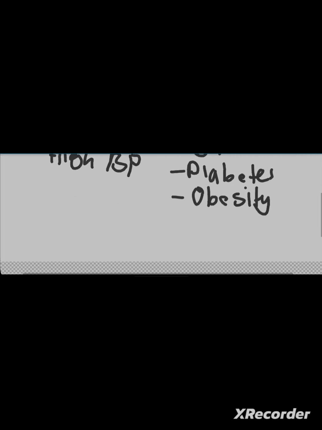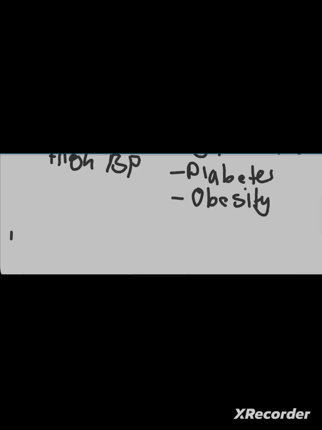Number 2: avoid smoking. What else? Exercise, because obesity is due to lack of exercise. Exercise.